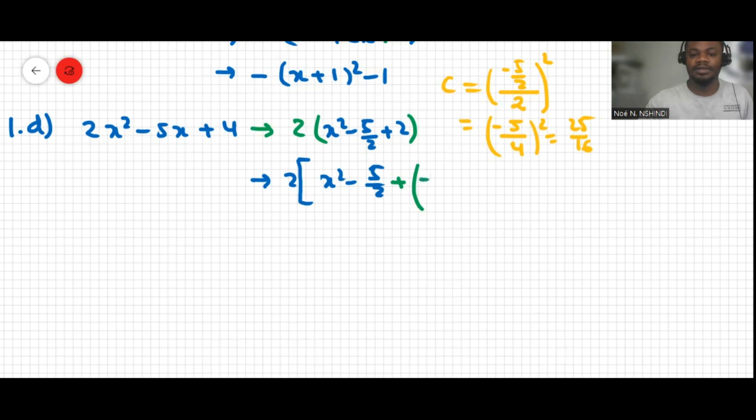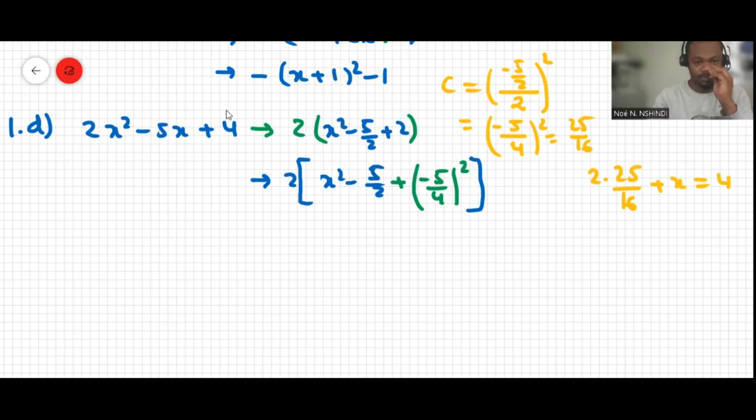I'll add negative 5 over 4, to the power of 2 there, knowing that this is 25/16. Now with the 2, timesing that 25/16. We have 2 times 25/16, and then plus what equal 4.